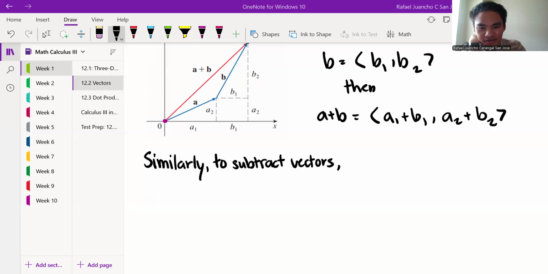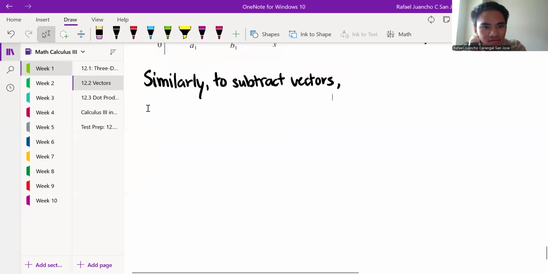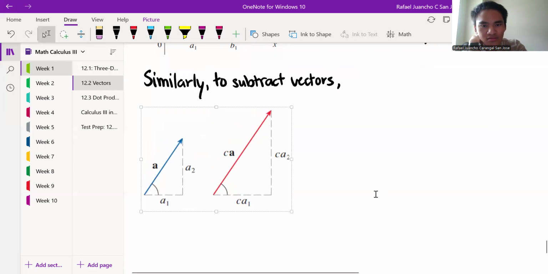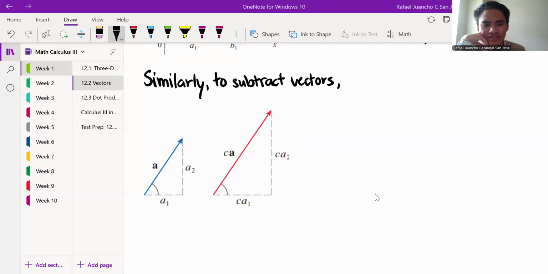Let's look at the figure actually. I'll get the figure. Now to subtract this thing, we see that components of CA are CA1 and CA2, right?